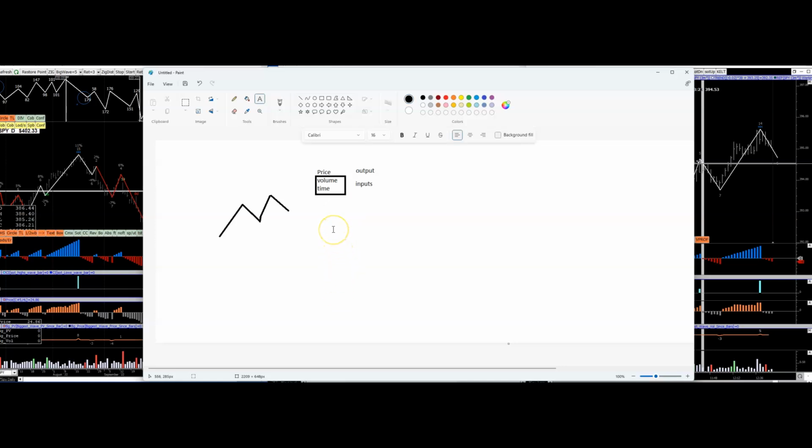So looking at it from an input-output perspective is easier for people to understand. And it's easier for anyone, especially if you have any technical background, to understand input-output. Right? So what does that mean? All right, now I'm going to explain this.